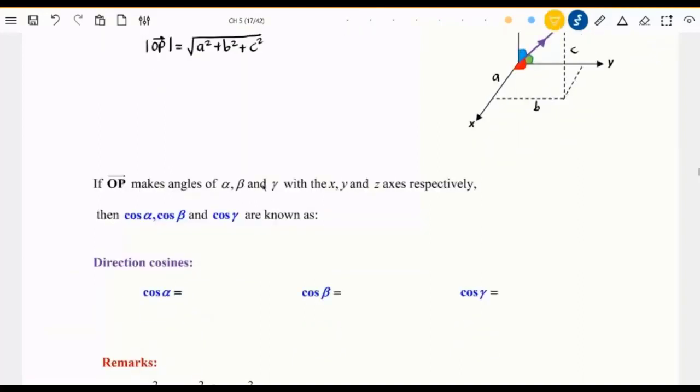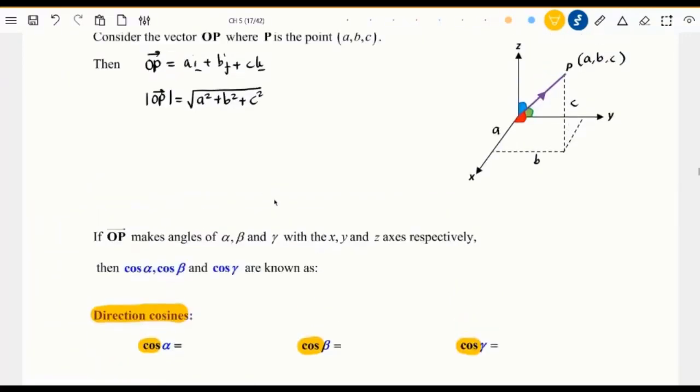Kalau dia kata direction cosine, subject mesti cos dekat depan. So we have alpha here, beta here, and then we have gamma here.